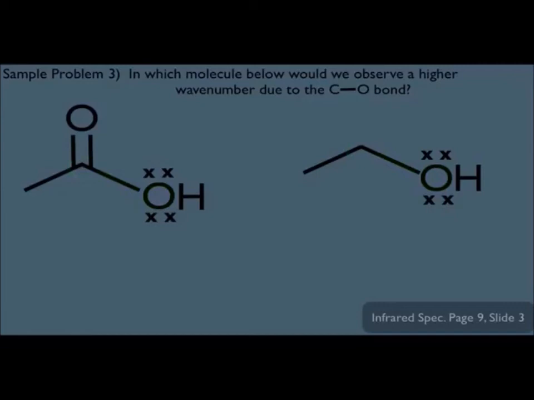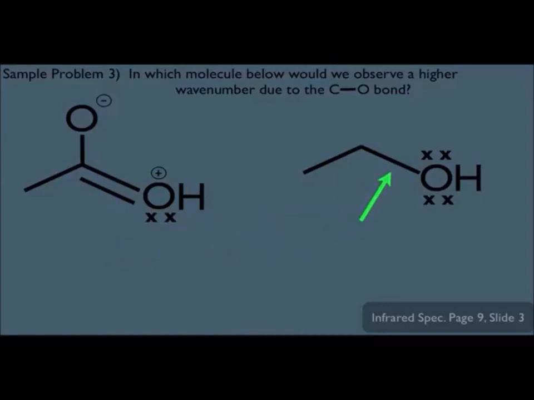Notice here, molecule on the left has resonance. We can say that the electrons on that oxygen can fall this way and boot the pi electrons up. The resulting resonance structure would look like this, which means our CO bond in this case is partially double bond, partially single bond. Whereas in the other molecule, we wouldn't get that analogous resonance.